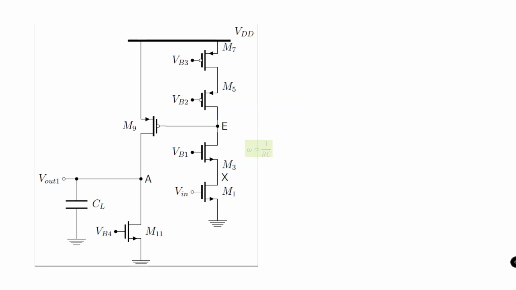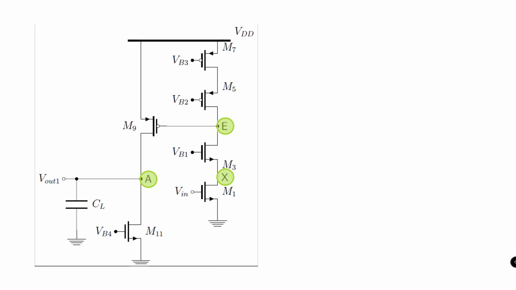Now, when a small signal Vin is applied, this creates a small signal current that flows through the M1, M3 and M9 transistors. This signal path basically creates poles at nodes E, X and A.